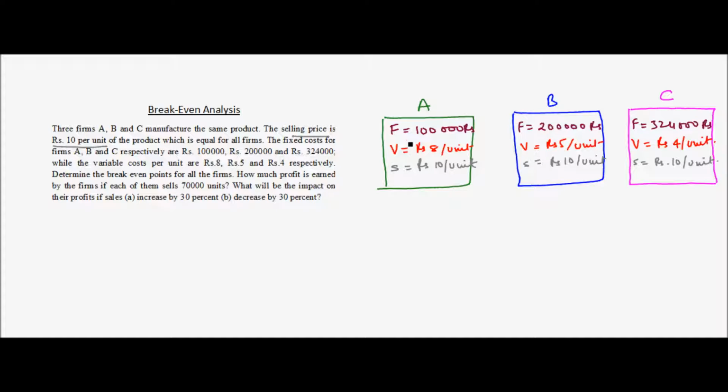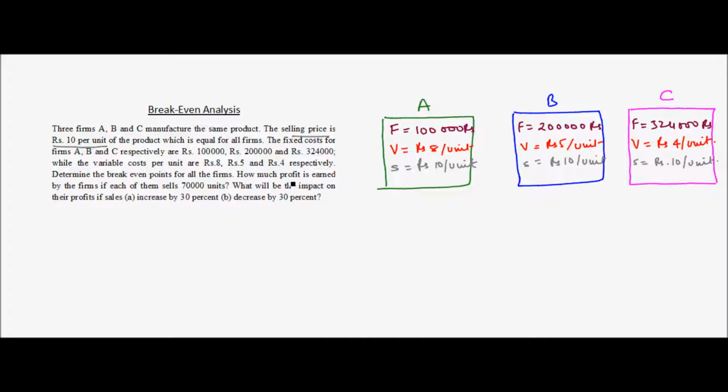So here we have the fixed cost and the variable cost that each of these firms is incurring in order to produce the products. And we also have the selling price for the product. Now we have to find out the break-even point for these three firms. That is, at how much quantity will the firm be at a position of no profit, no loss.